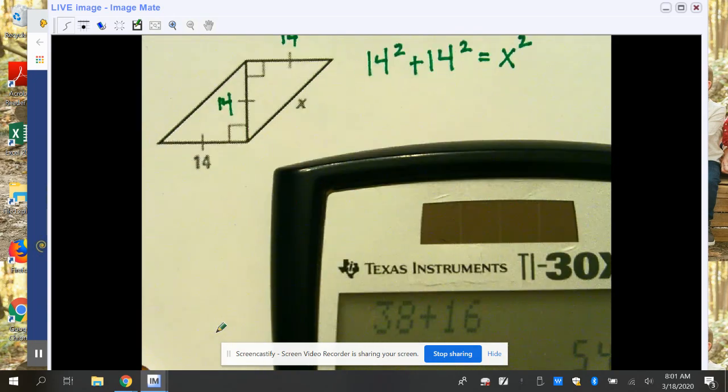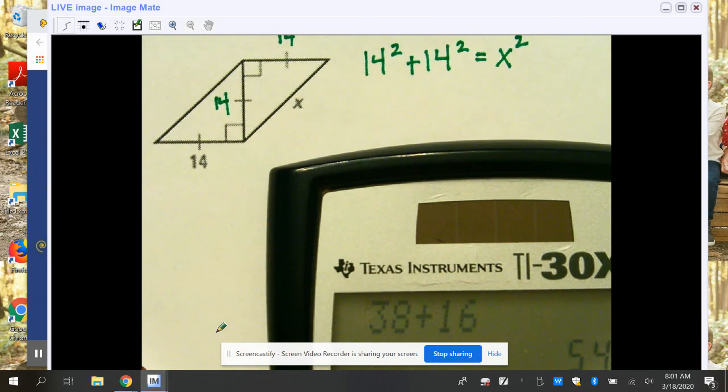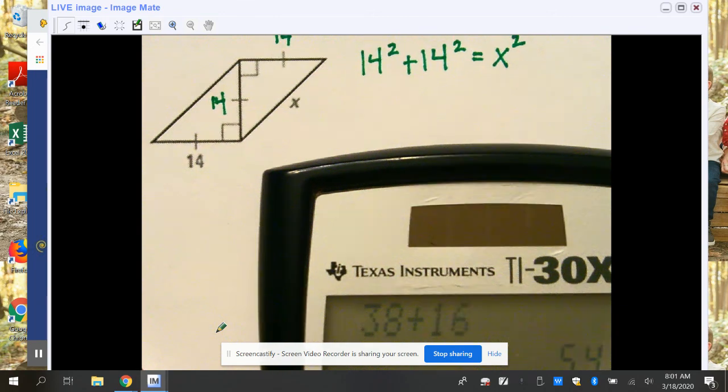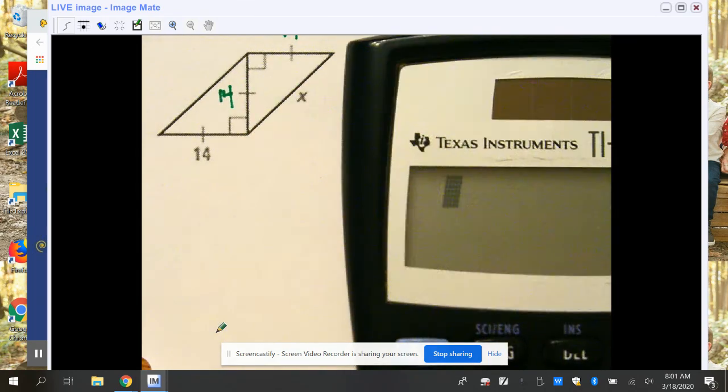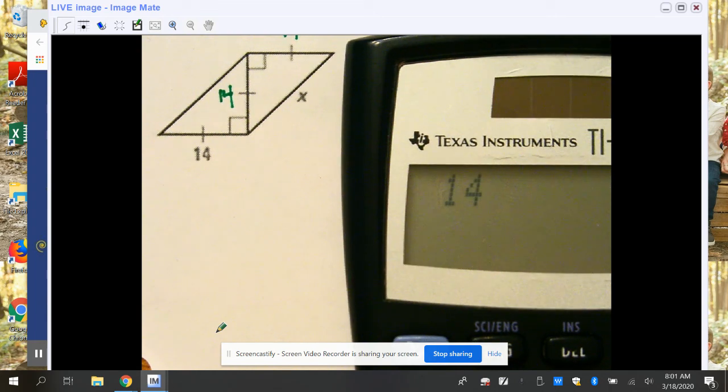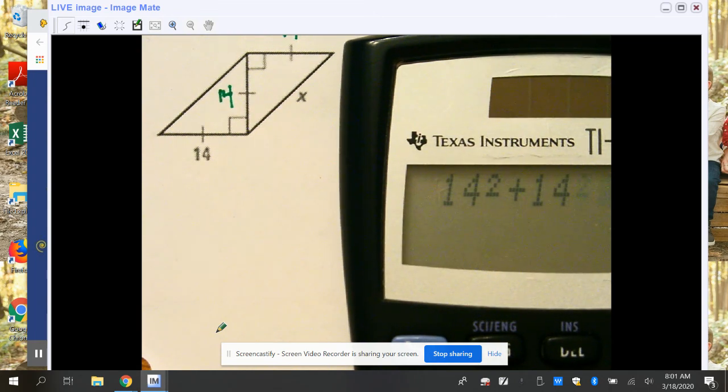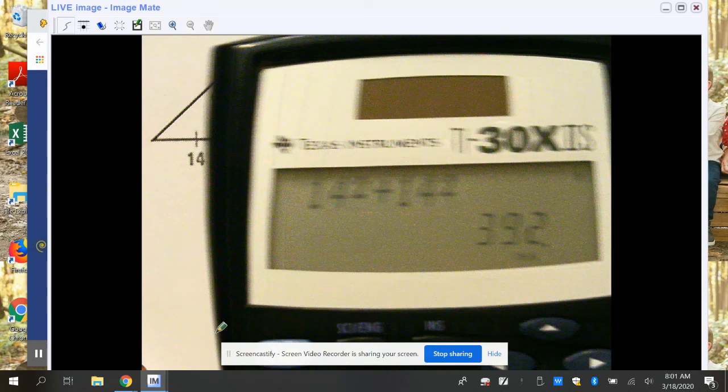Well, 14 squared plus 14 squared is 392.